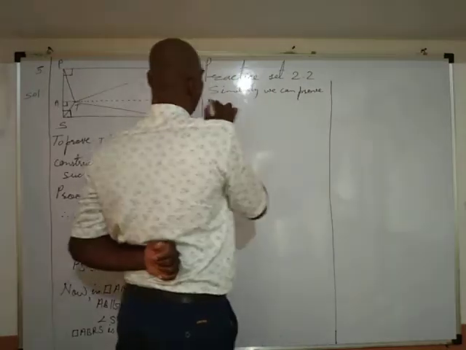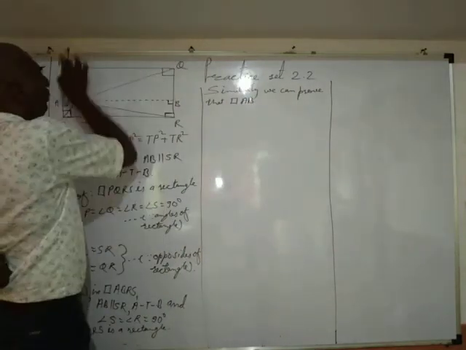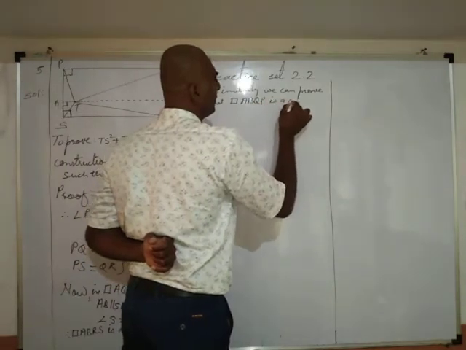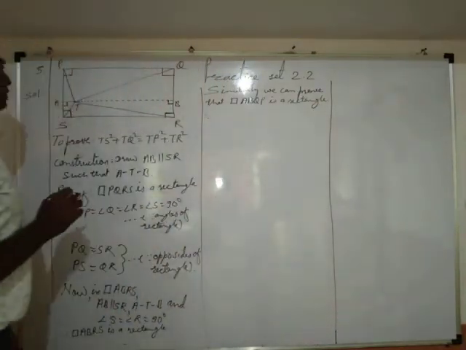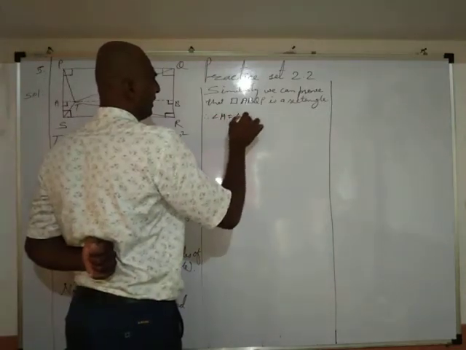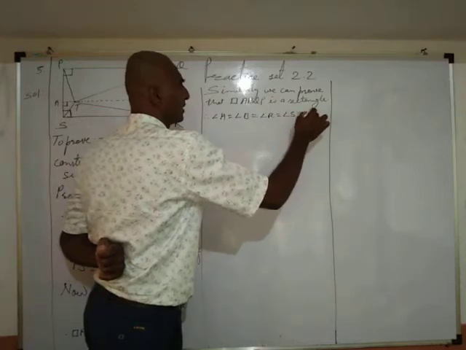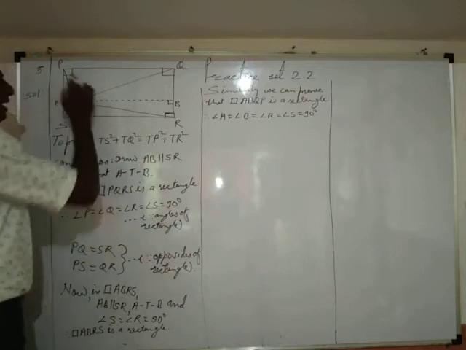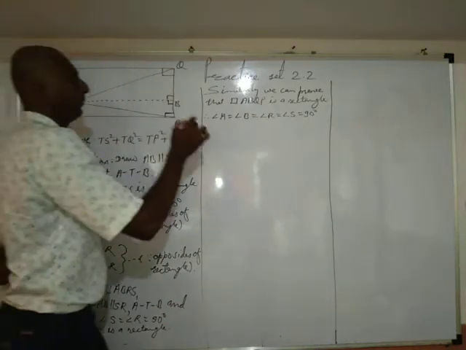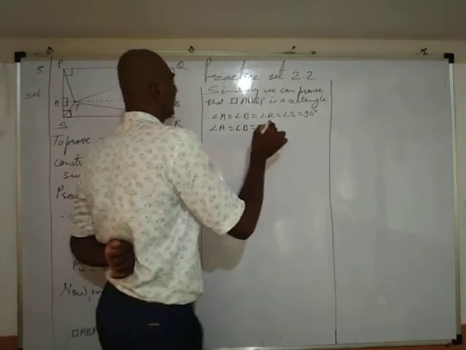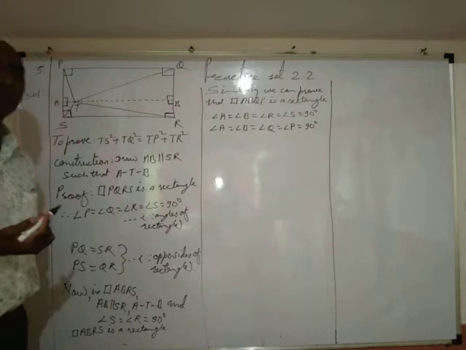And therefore we may declare that angle A equals angle B equals angle R equals angle S equals 90 degrees in the case of rectangle ABRS, and in rectangle ABQP angle A equals angle B equals angle Q equals angle P equals 90 degrees, because every angle of a rectangle is a right angle.